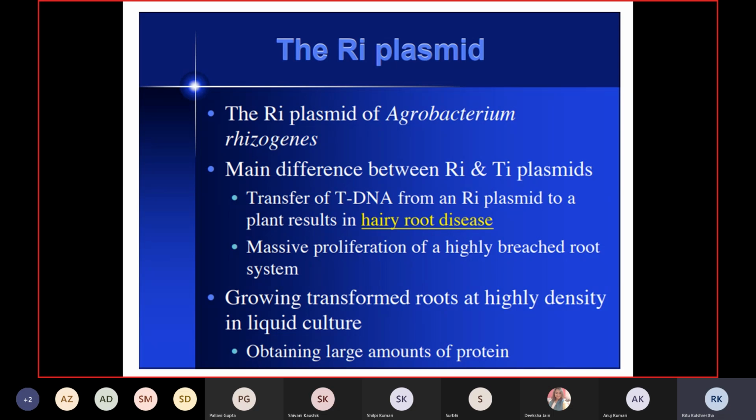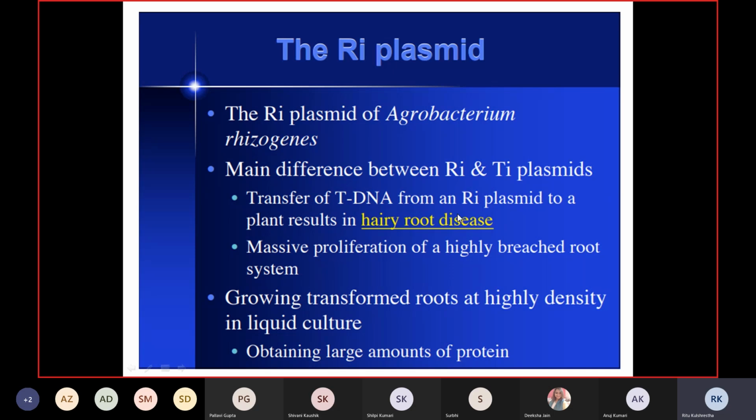So if you want to introduce your gene of interest with Agrobacterium rhizogenes, which has a recombinant Ri plasmid, then your gene of interest will be very highly expressed in all the root cells of the plant. Also, because these roots are now much more in number as compared to the parent plant because of the hairy root disease that it induces, if you want to harvest your protein from the roots, you can do so.